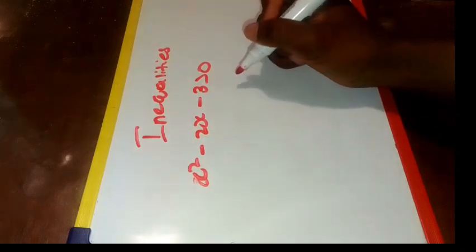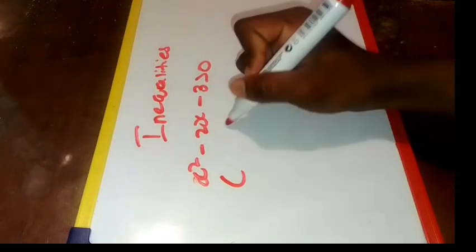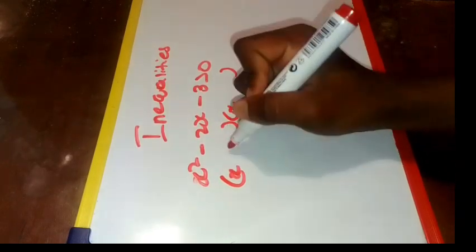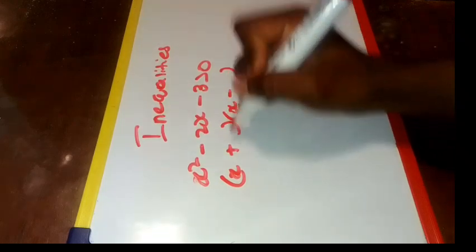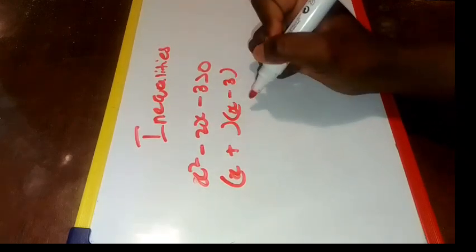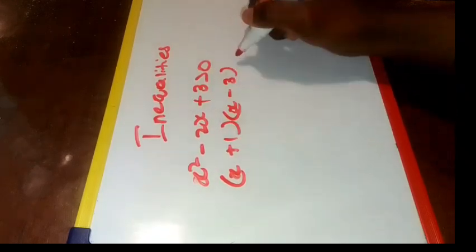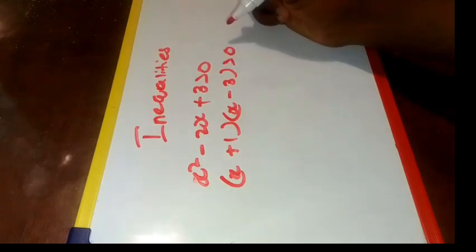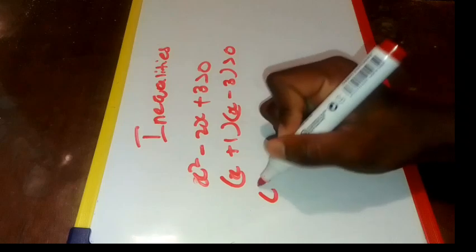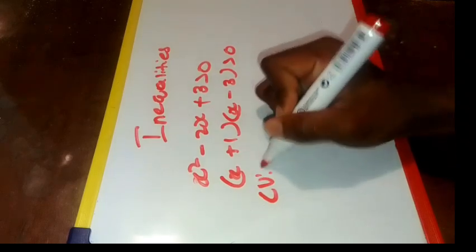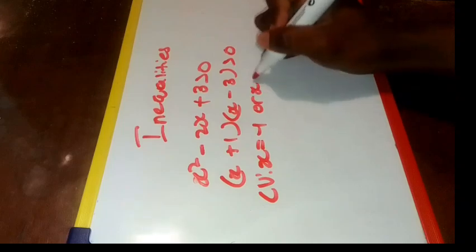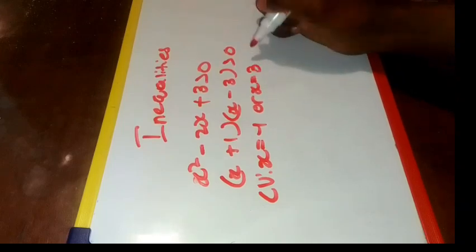What we're going to start with is to factorize this. Then we grab our critical values. X is going to be -1 or x is going to be 3.